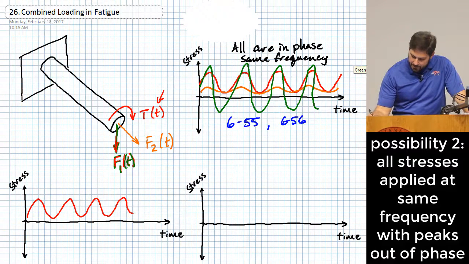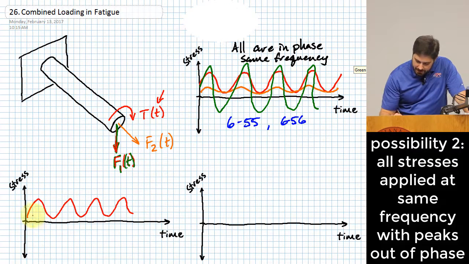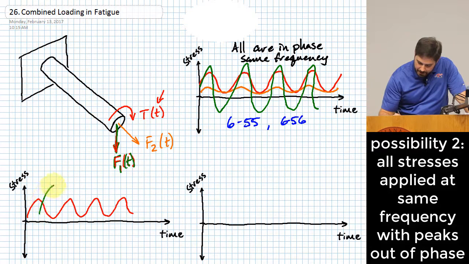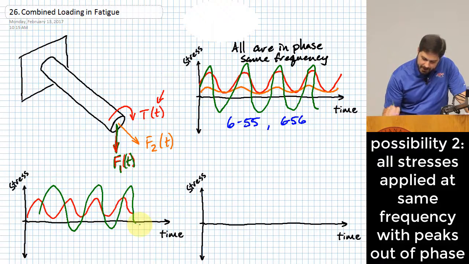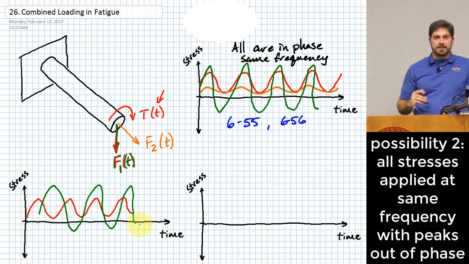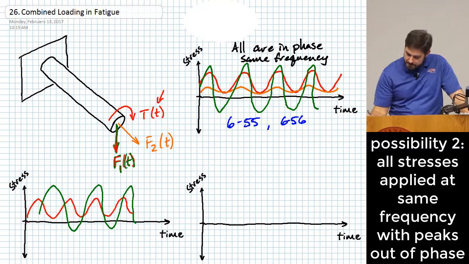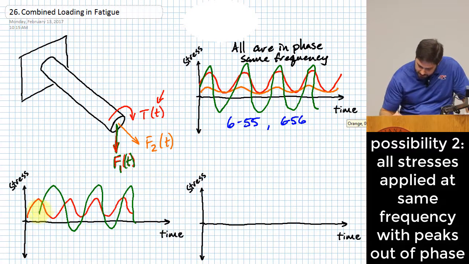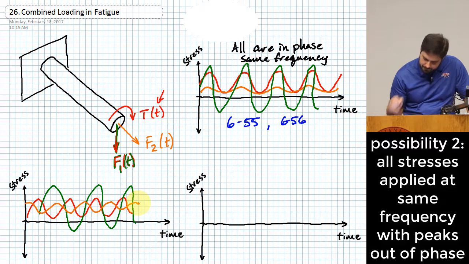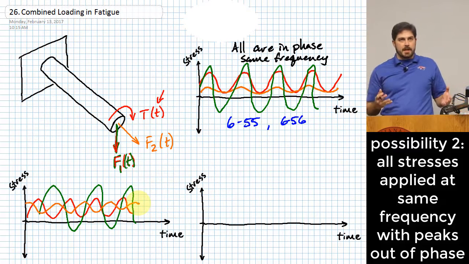You could have some bending that happens, but the bending might be happening such that the peaks are not lined up, right? Something like this. So it's roughly the same frequency, but the peaks are not lining up. And we could do the same thing for axial here as well. Those peaks might not line up either. Something like this.